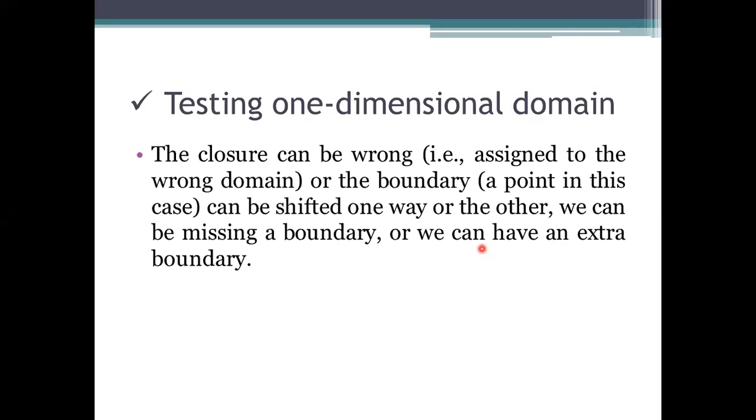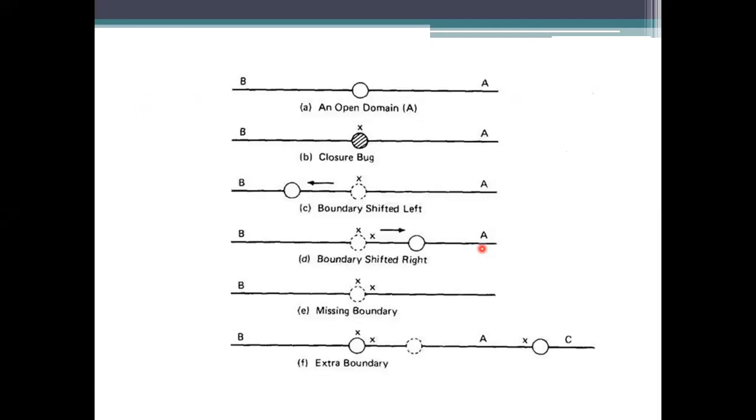This type of representation comes under one-dimensional domain problems: shifting the domain or shifting the boundary, missing the boundary, adding an extra boundary. All these things come under the problems of the one-dimensional domain.